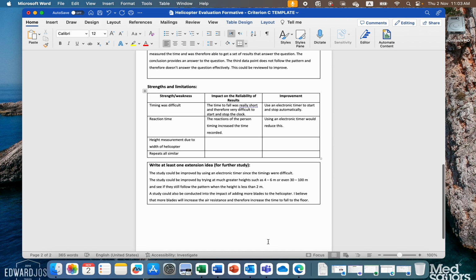The final box is quite new to students. I've told mine it should be answered in 3 parts. The first sentence should suggest improvements for the experiment based on what you wrote in the table above. The second section should talk about how we can extend this experiment.